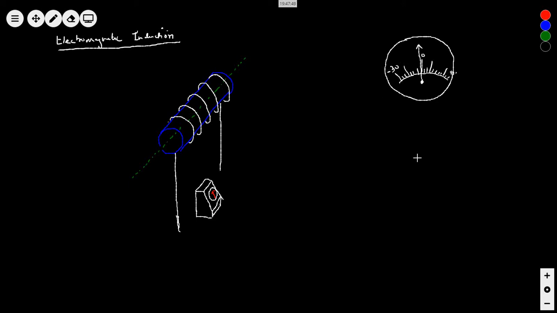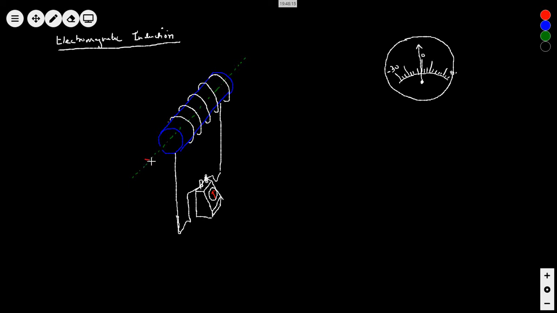Now the connection: here are the 2 points, 2 terminals. In a suitable way they are connected here, and from here it is connected like this. Next, what else do we have?